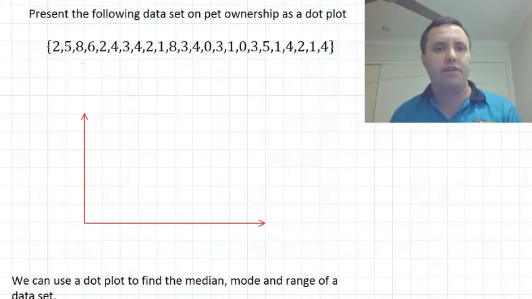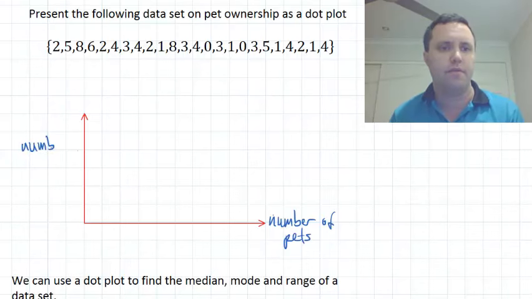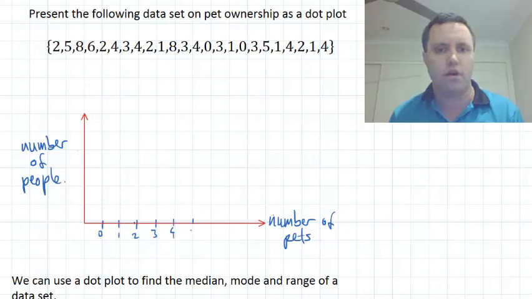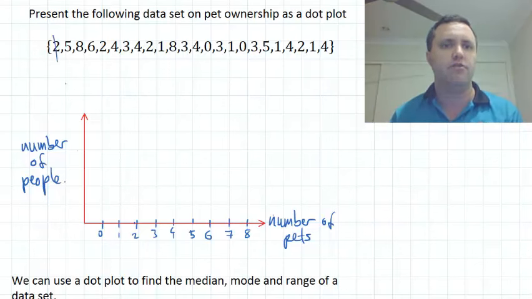The way we put that onto our dot plot is we've got 2 axes here, and maybe this axis will be number of pets, and this axis would be the number of people who owned that number of pets. Then this is going to be 0, 1, 2, 3, 4, 5, 6, 7, and 8, because it goes from 0 through to 8 in my data set, and you go through crossing them off.